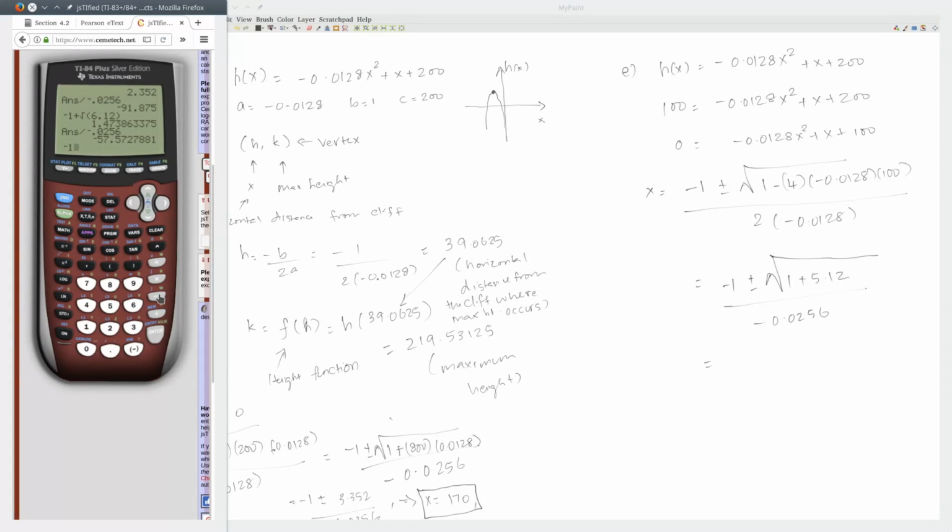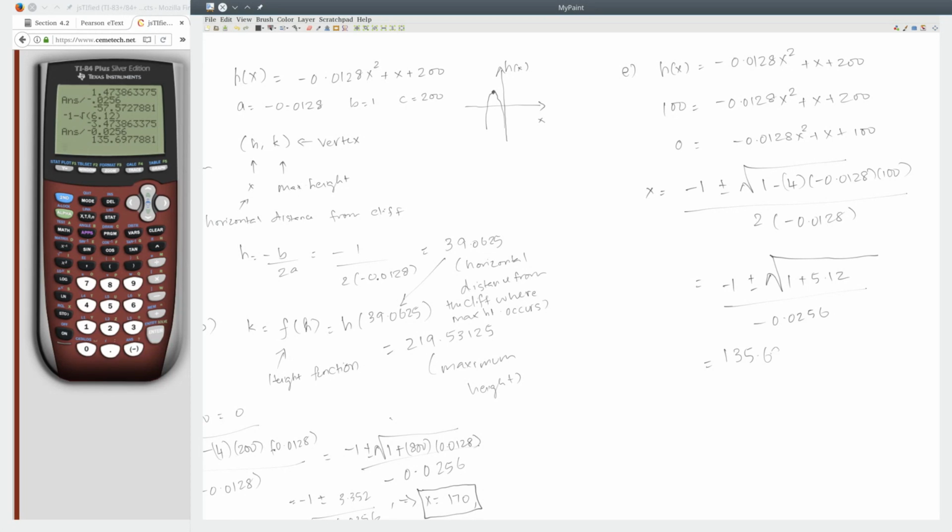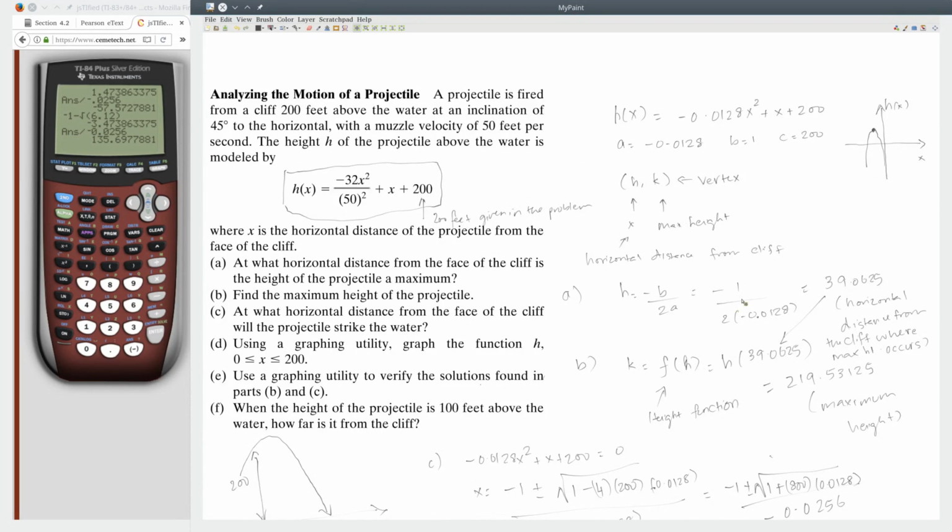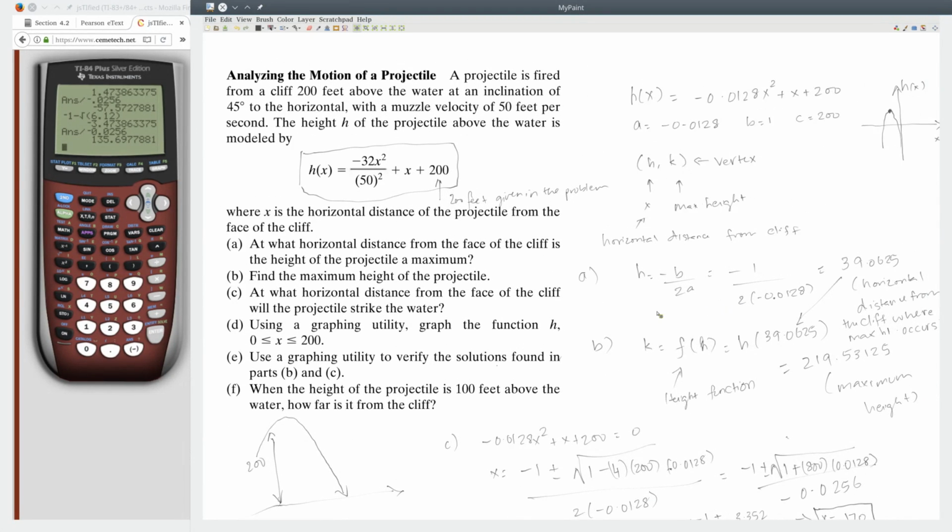Minus 1 minus the square root of 6.12 divided by negative 0.0256 would give us 135.69, approximately 135.7.